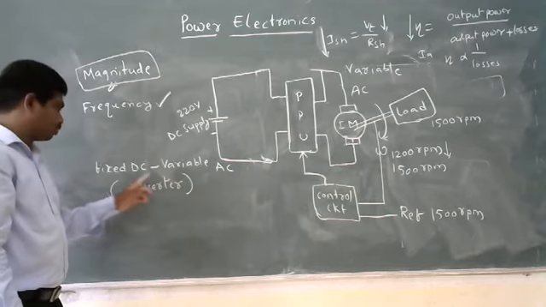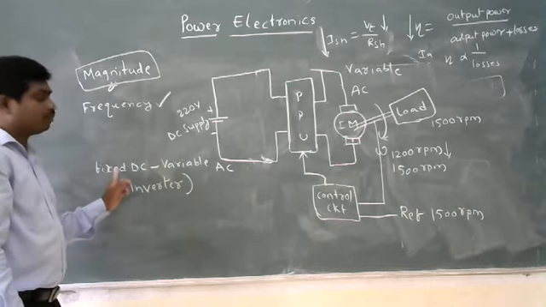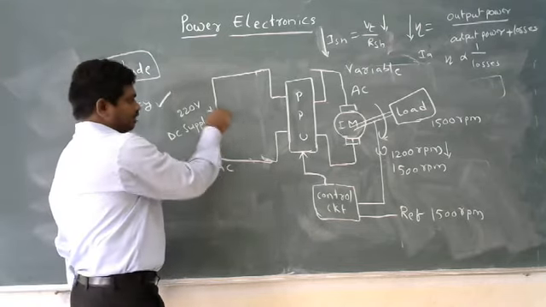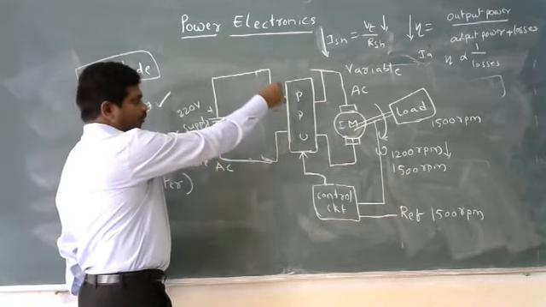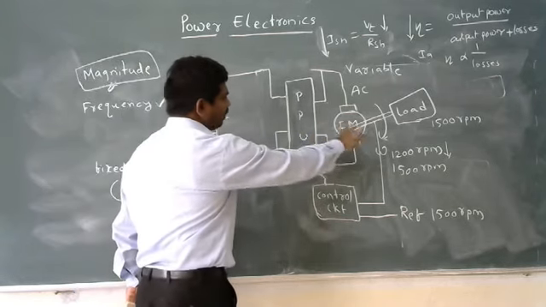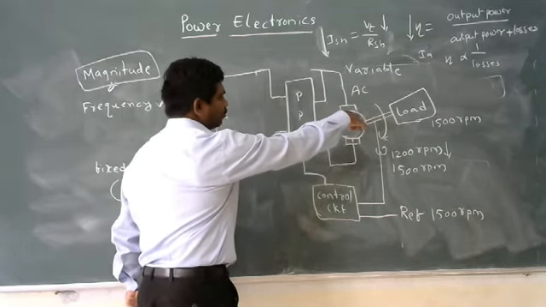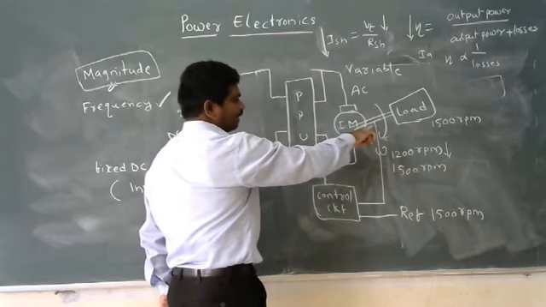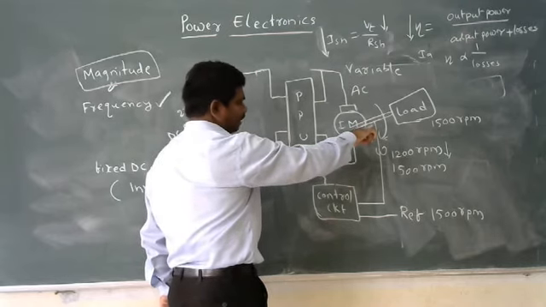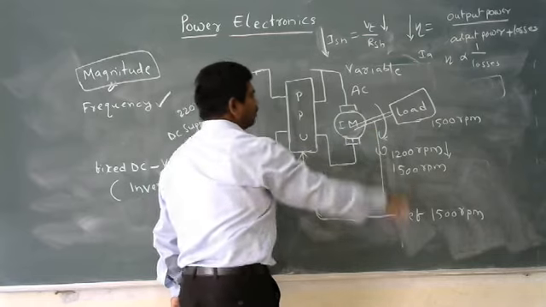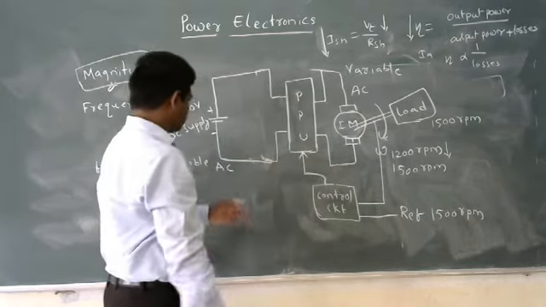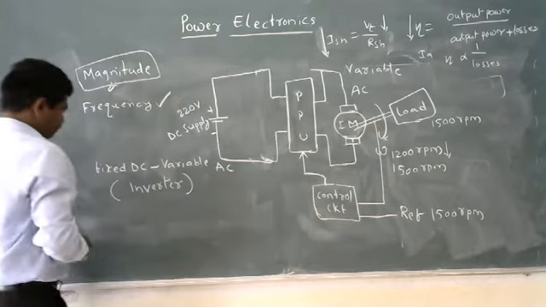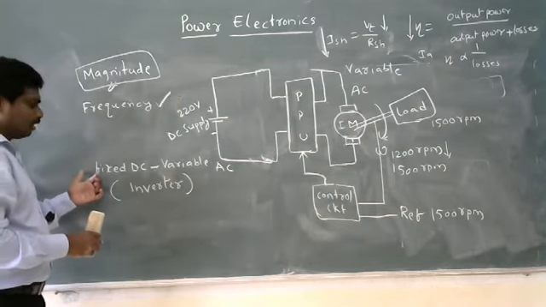Inversion takes place. Fixed DC is converted into variable AC and given to the induction motor. Thereby, the induction motor will generate mechanical energy and it is given to the load. Like that, we use one PPU in between the source and motor. And this is the fourth type, the inverter circuit.